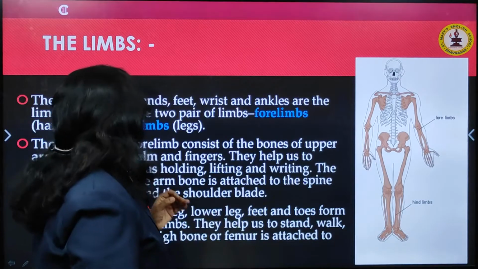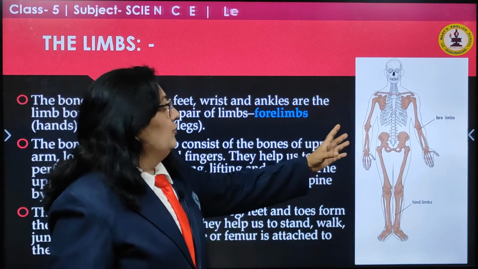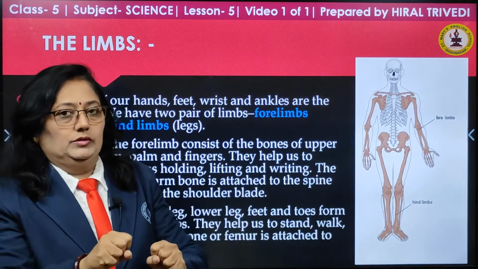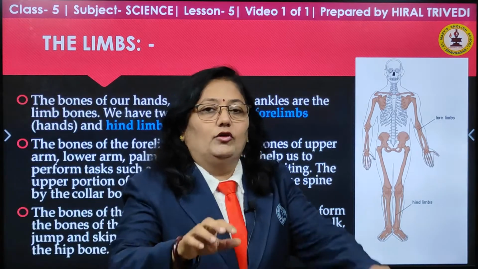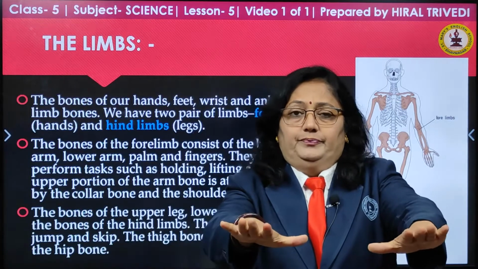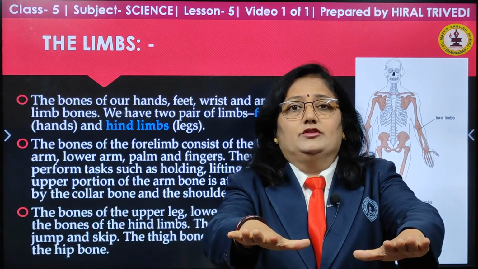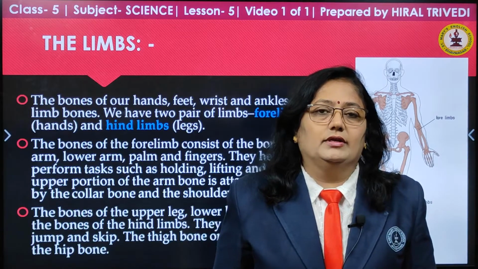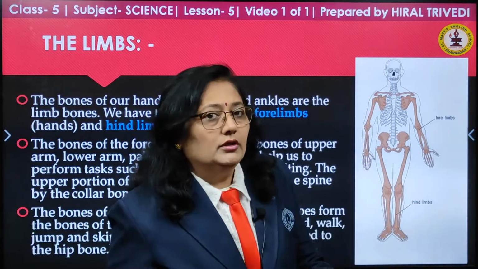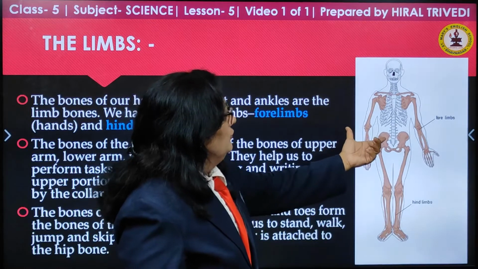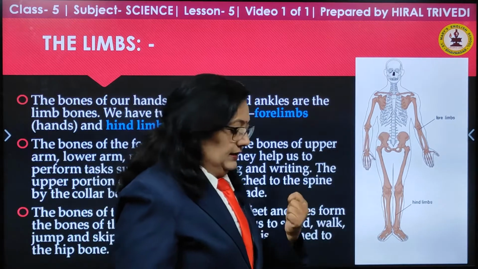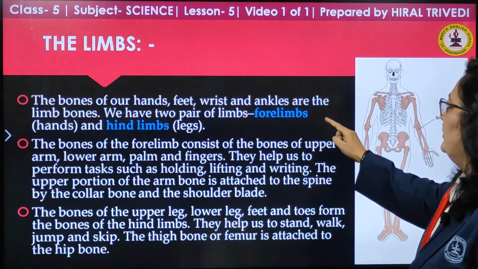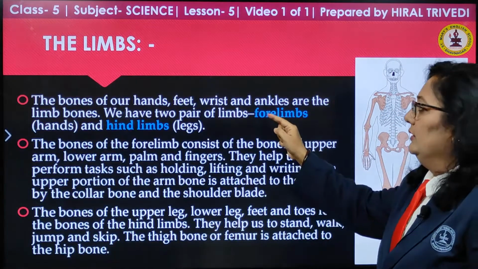Now we see further the forelimbs and the hind limbs, the bones. In the lower class you learned what forelimbs and hind limbs are. The front two legs of animals are known as forelimbs, and the back legs are known as hind limbs. In the same way for human beings, we see here forelimbs and hind limbs. The bones of our hands, feet, wrist and ankles are the limb bones.